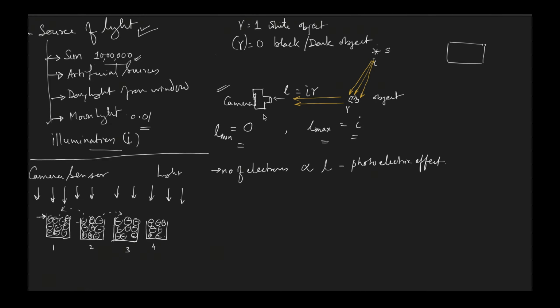But then in the sensor there are a number of photodiodes. So if the photodiodes are big, if each photodiode is large, you can store a lot of electrons. Am I right? Yes, sir. That means you can record a lot of intensity.